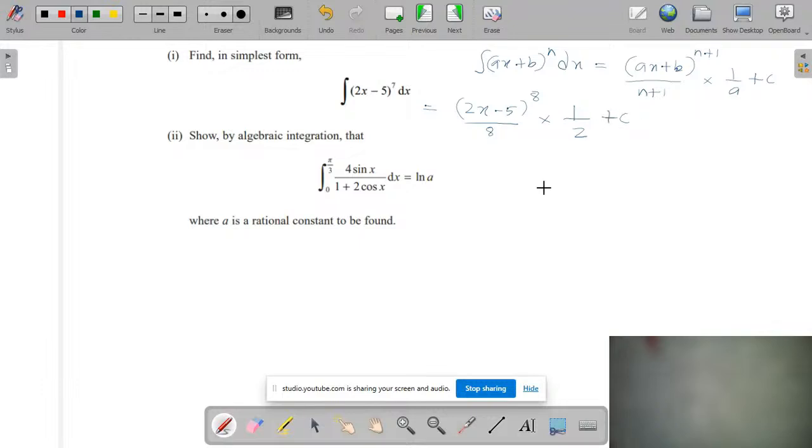Sometimes I have noticed that mostly students are writing c in the final answer only, which is not accurate. Whatever the step you are integrating the given sum, at that step itself, you need to add the c term. Simplify. 8 times 2 becomes 16, so 1 over 16 times 2x minus 5 to the power 8 plus c, that's it.